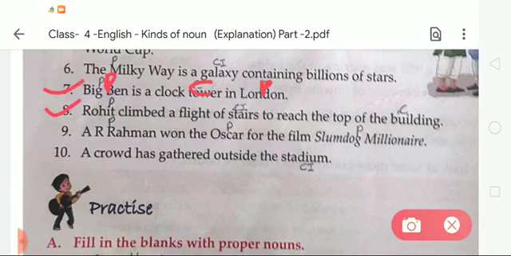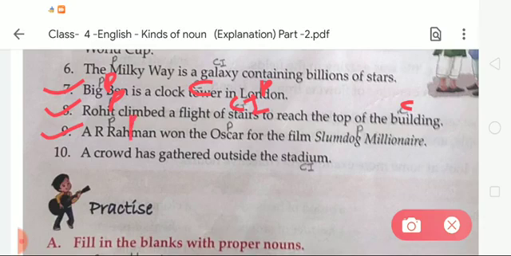Now number 8: Rohit climbed a flight of stairs to reach the top of the building. Rohit is a proper noun, stairs is a collective noun, and building is a common noun, so we write P, CI, C. Number 9: A.R. Rahman won the Oscar for the film Slumdog Millionaire.